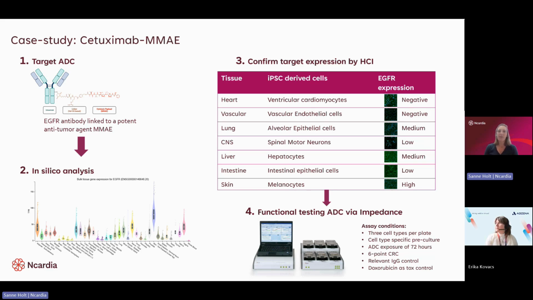We selected this very deliberately as it's a well-characterized molecule, and we wanted to verify the platform against a known clinical adverse event profile. So we wanted to see if we could pick up what was reported on this drug, and using real-world data, we had a look at in silico analysis, so had a look at where EGFR is expressed in the body, what tissues are relevant.